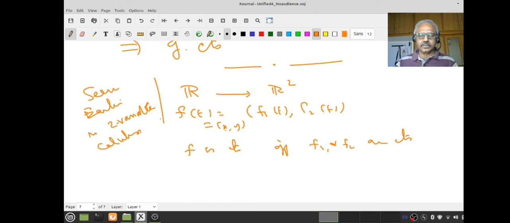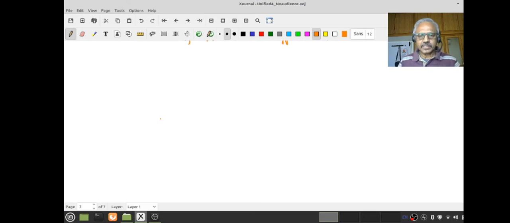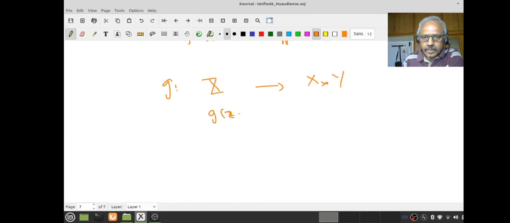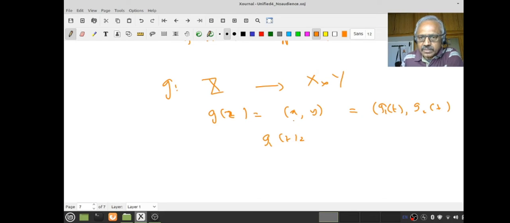right? So this is what we have done now, because when I have a map G from Z to x cross y, then G of Z must be some element x comma y. This x I am writing as G1 of Z, and this y I am writing as G2 of Z. Now what is G1 of Z? I want x out of that. How will I get this?